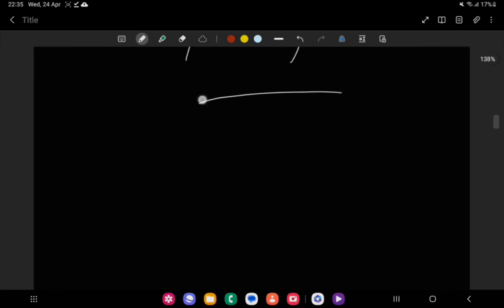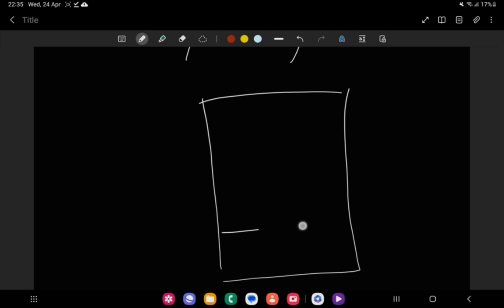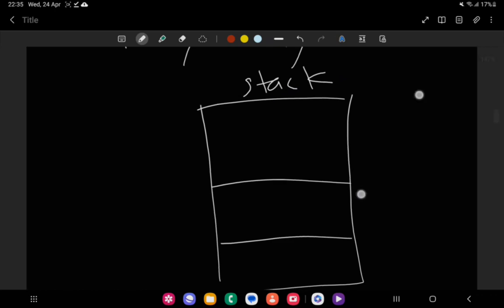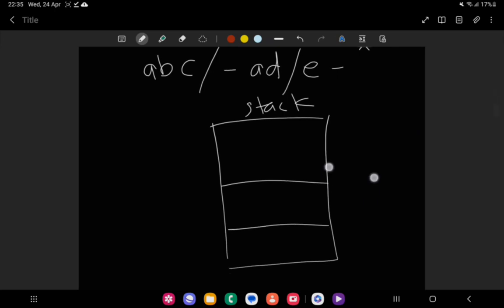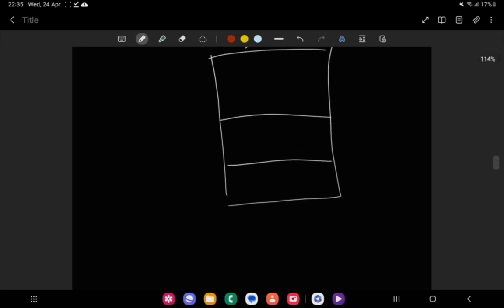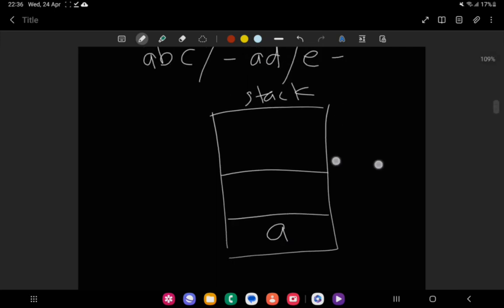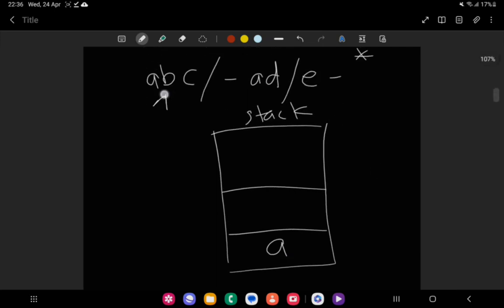We draw the stack just like before. This is the stack, as we know. First the operand we see is A, so we just put the A here, right? Then we have B, so we put B here. And next we have C, so we put C here.